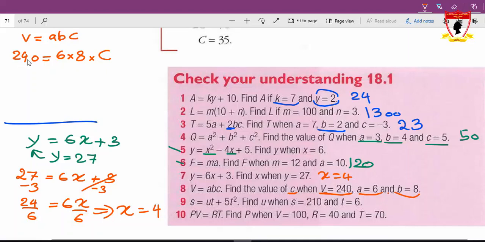Now 240 is on the side. Let's simplify the other side. 6 times 8 is equal to 48. 48C is equal to 240.